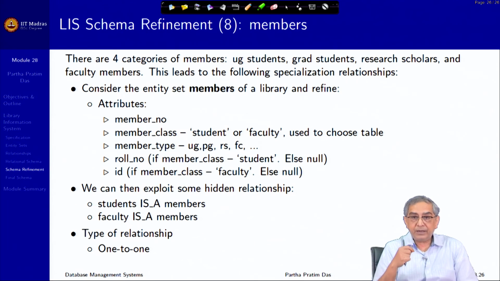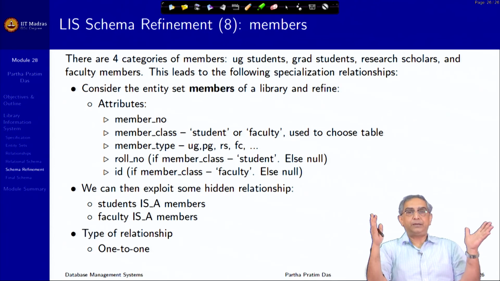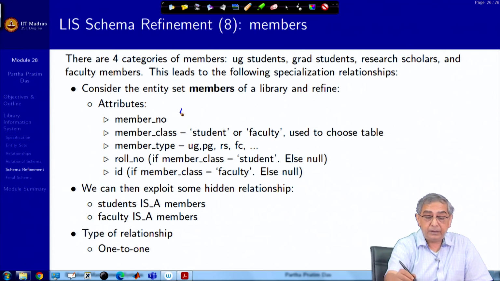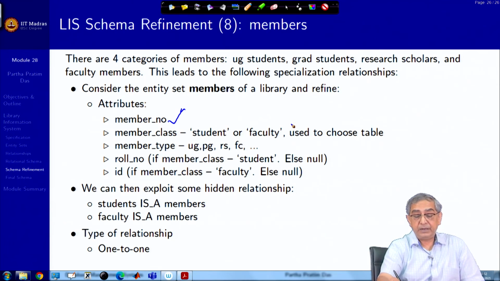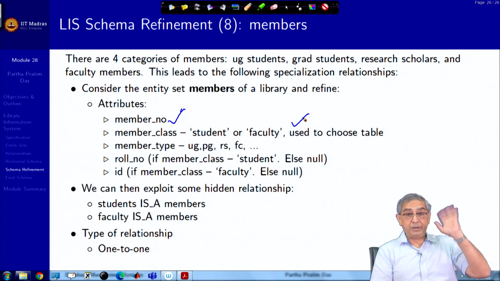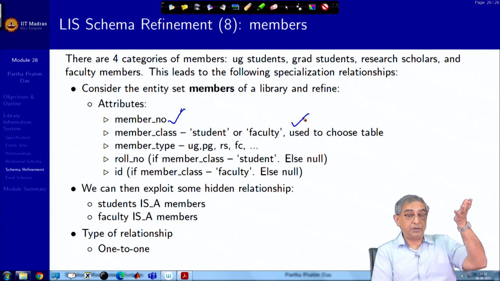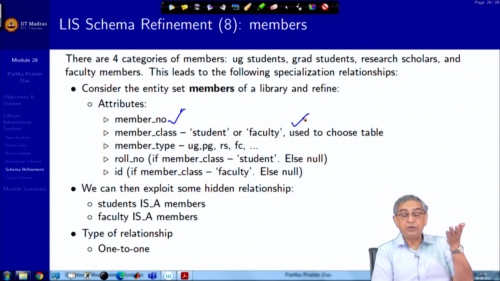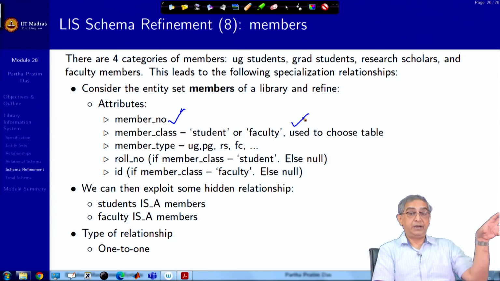What would be better certainly is to expand the member relationship. Along with the member number, you have something, and now your design attributes are coming, this was not stated. You are saying whether member class is student or faculty, which we will use to choose the table for answering the queries.